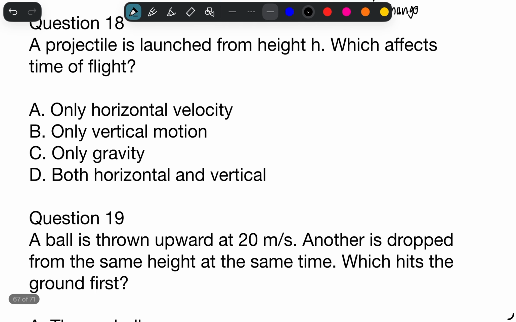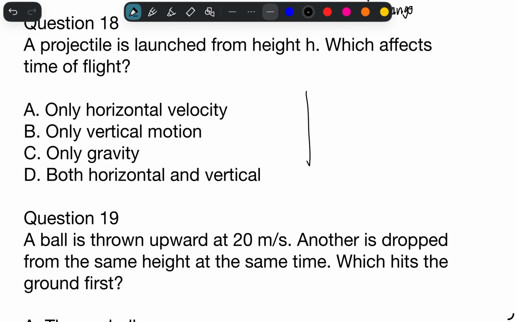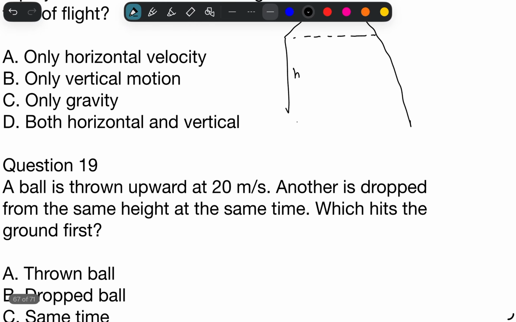Now, a projectile is launched from a height h. What affects the time of the flight? Well, our vertical motion is going to determine time. y is equal to Vyt minus 1/2 gt squared.